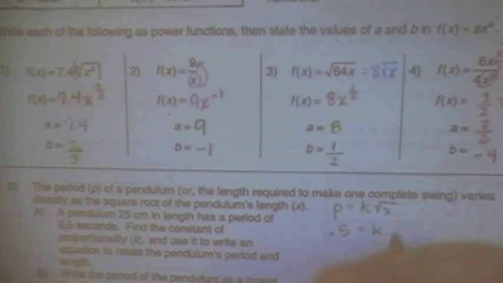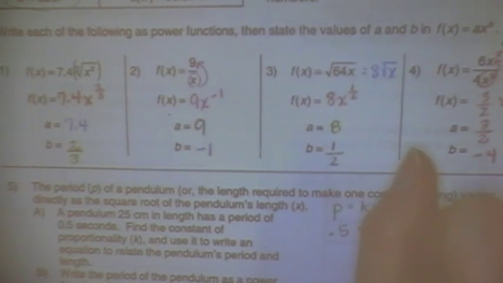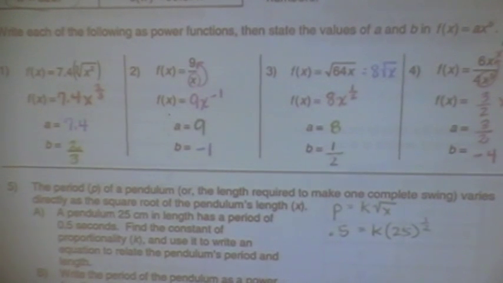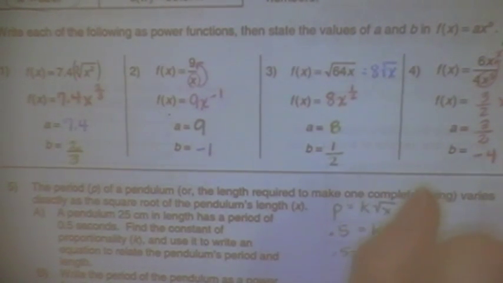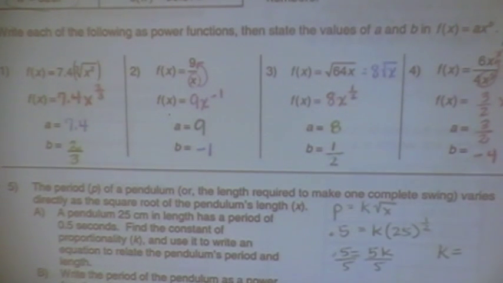So 0.5 equals K times 25 to the 1/2. So K is 0.1?